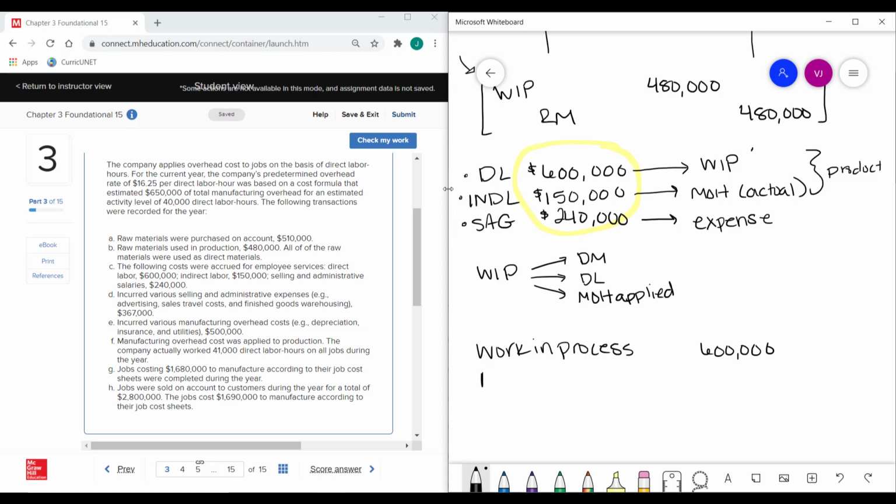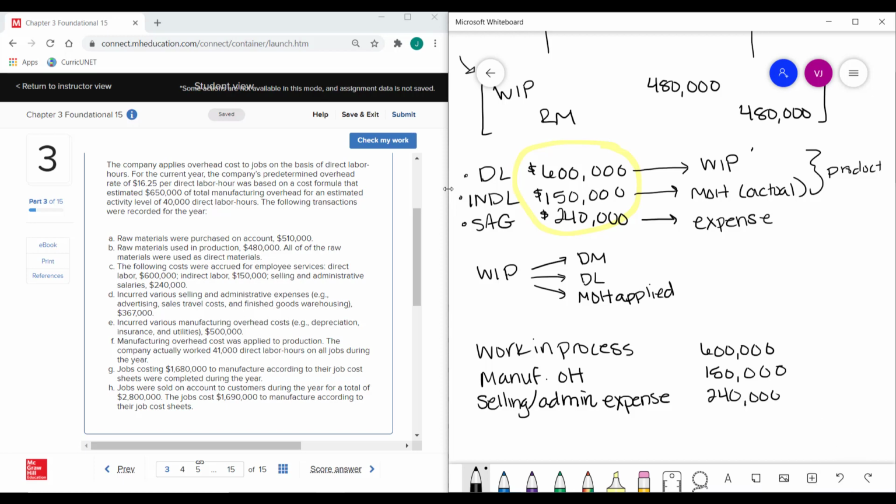We're going to debit manufacturing overhead for the $150,000. And then we're going to debit the selling and admin expense account for $240,000.